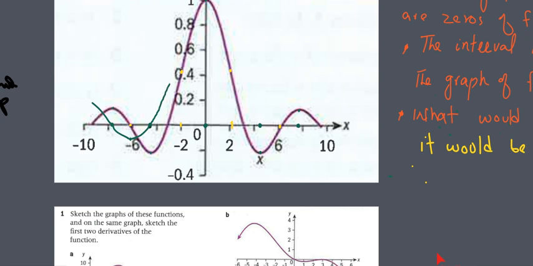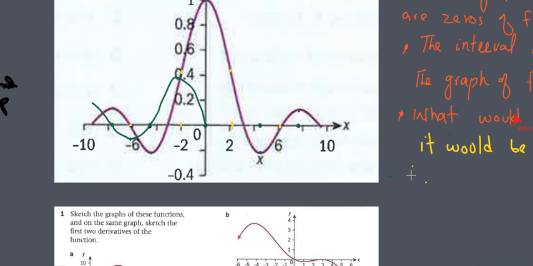Some kind of a curve like this. Is it clear? Okay. Then from this interval to this interval, from this point to this point, and for this interval, the slope is decreasing.